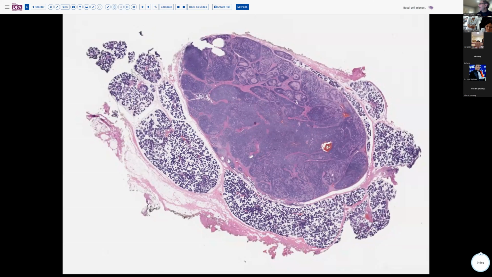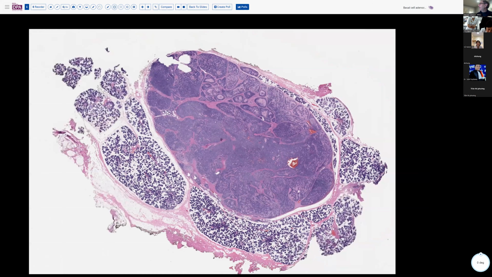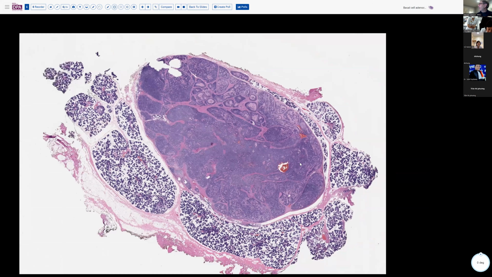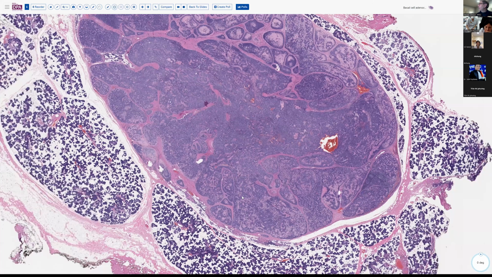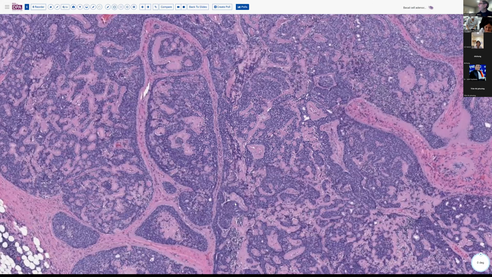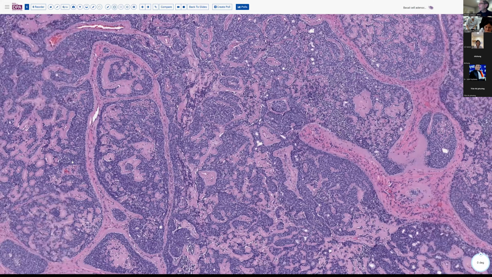Okay, so here's a representative slide. You can see it has a bit of seeming encapsulation, but it has a few areas where you could be concerned. So we'll take a look at the tumor cells first off and just see the pattern. Here you see the hyaline material, sort of typical of basal cell adenomas.